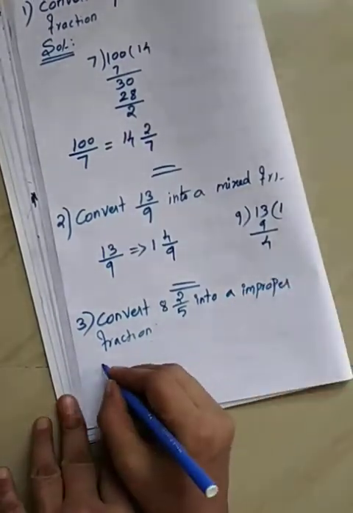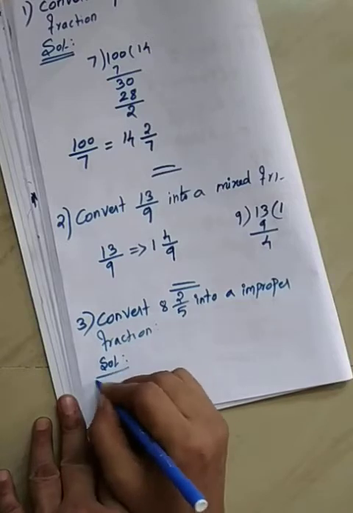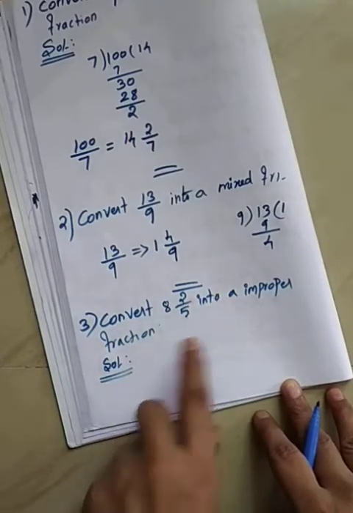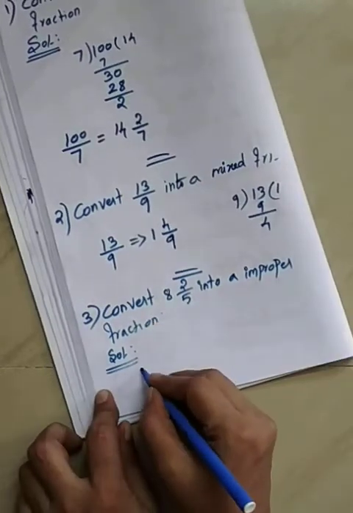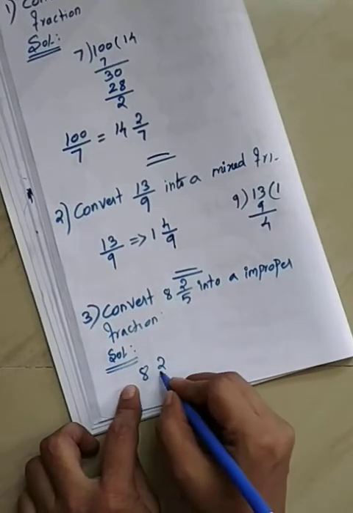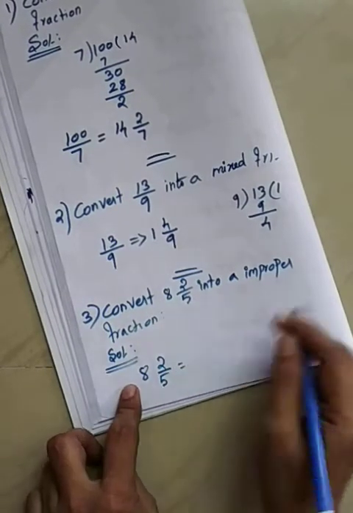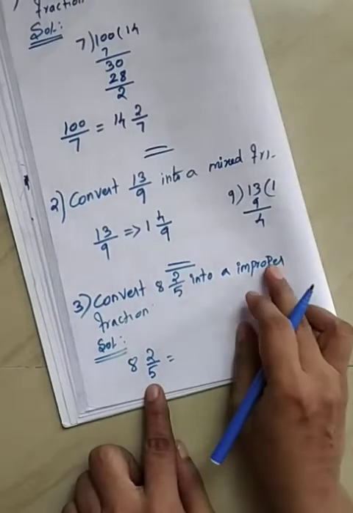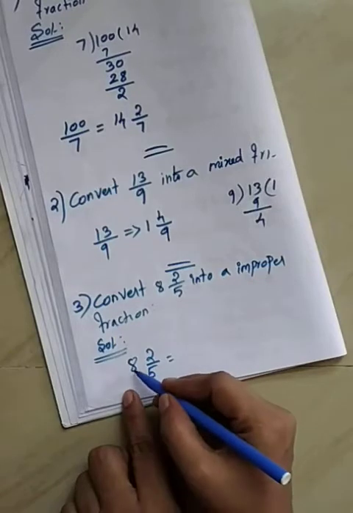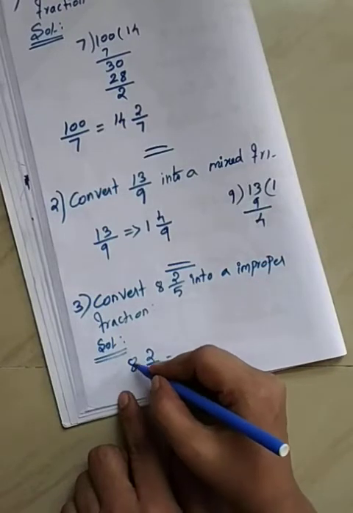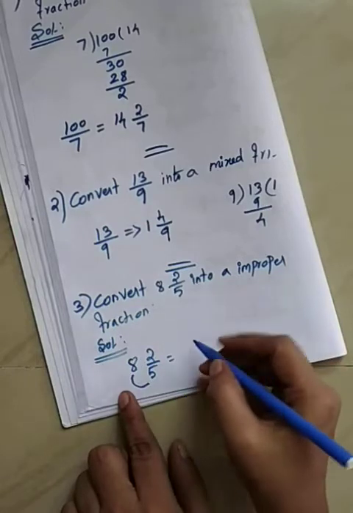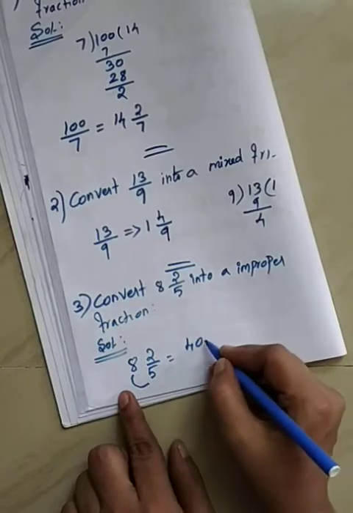See, 8 into 2 by 5 means, how can you convert to an improper fraction? See, this is the mixed fraction, right? How can you change it to an improper fraction? Take 8 and then 5. You multiply: 8 5s are 40.